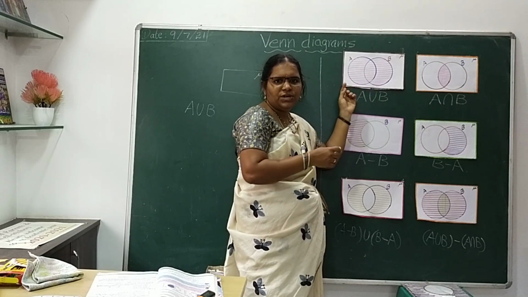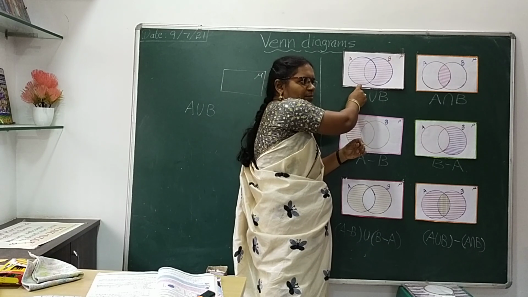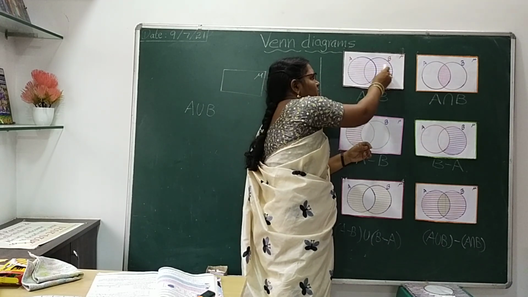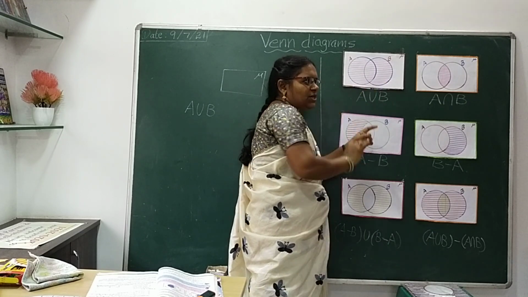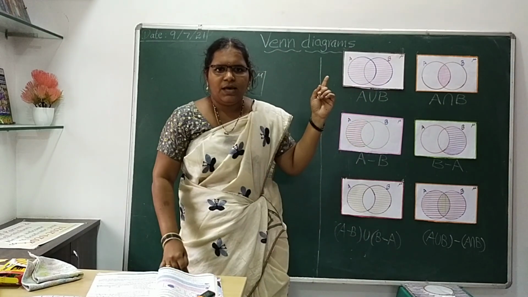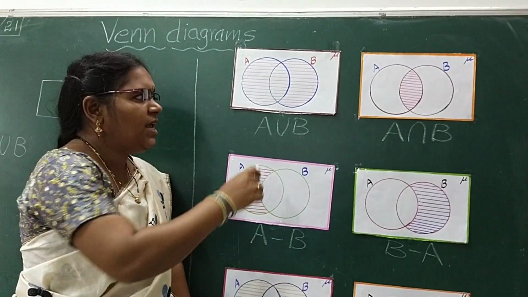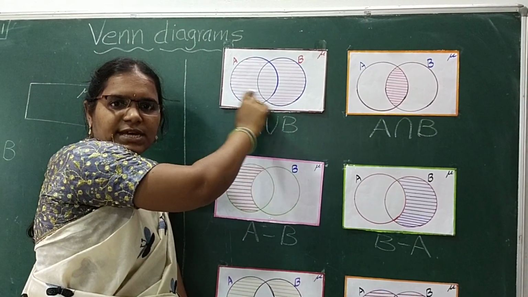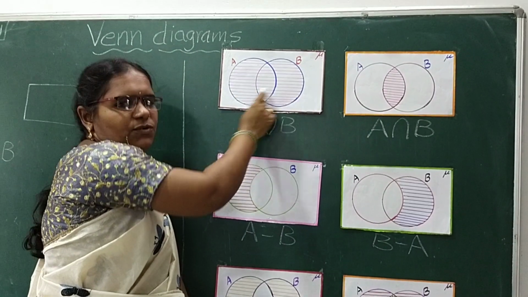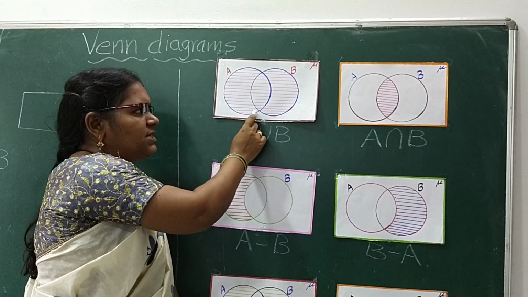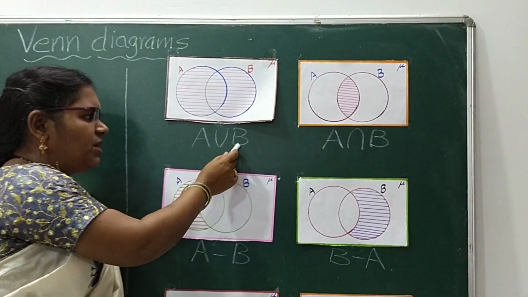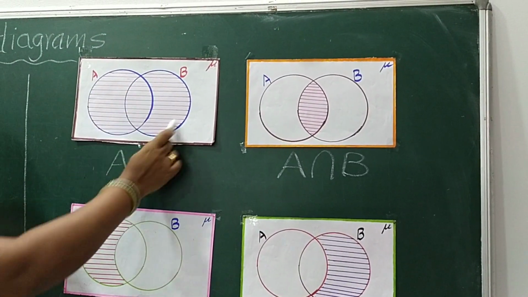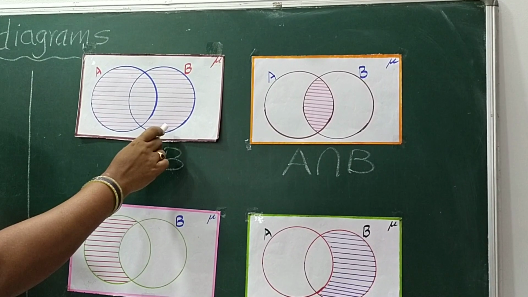This is the Venn diagram of A union B. The rectangle is mu, this circle is A, this circle is B, together.